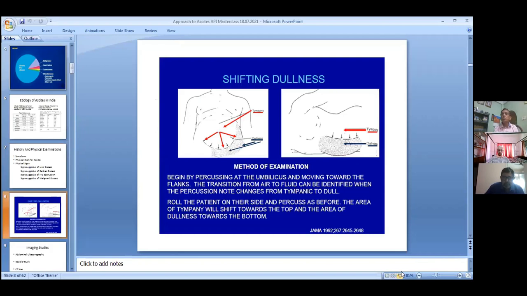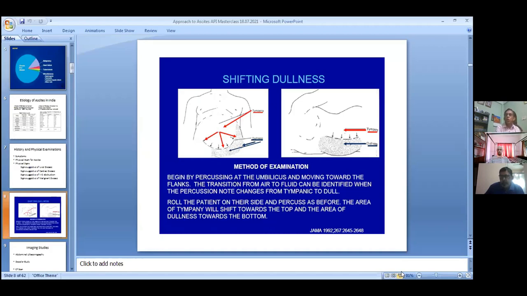Shifting dullness, this is the most important clinical parameter by which you can confirm that there is free fluid in the abdomen. So how to elicit it? You should percuss the abdomen from the central part to the flanks. By percussing the flanks, the transition of air to fluid can be identified when the percussion note changes from tympanic to dull. So the central area is tympanic and the flank is dull.